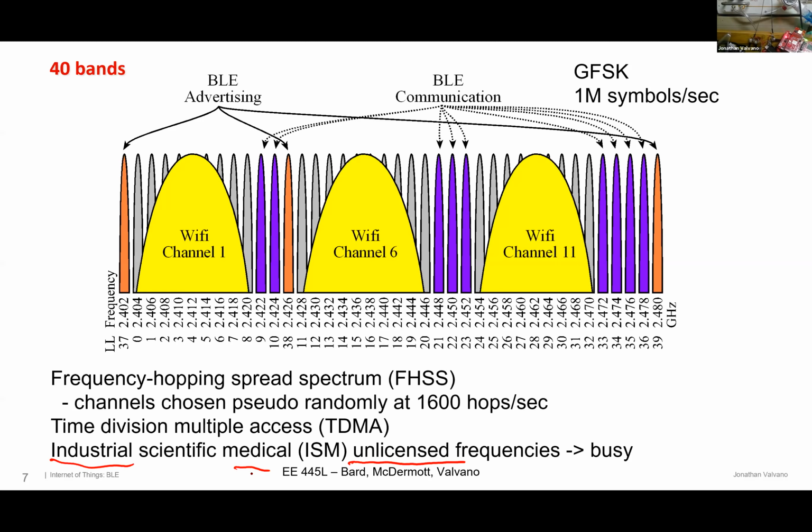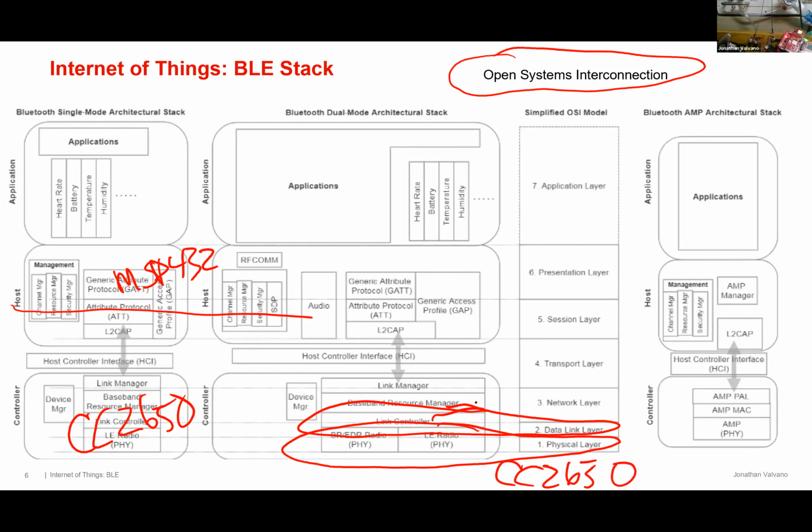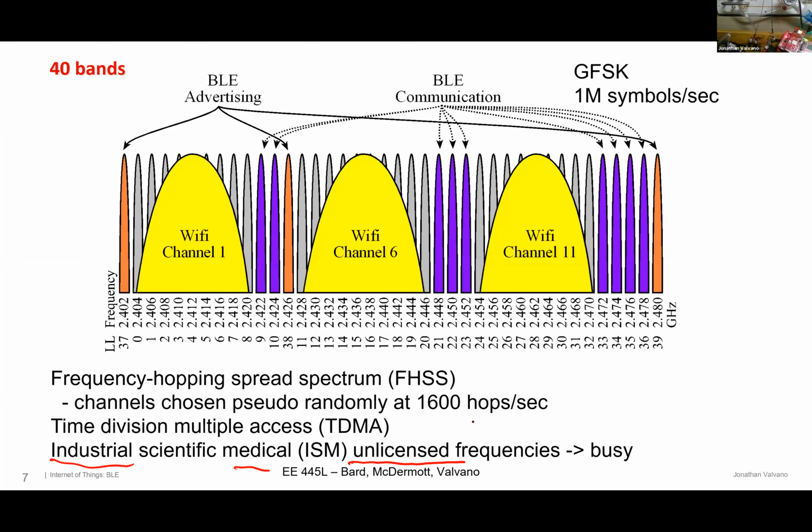The purple channels will be preferential for BLE if you're around a lot of Wi-Fi, because the Wi-Fi channels are wider and encompass more of the band. Again, this all happens down in the link layer. The hopping occurs down here in the data link.